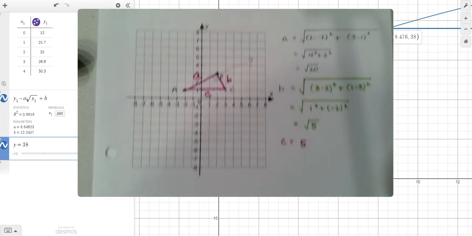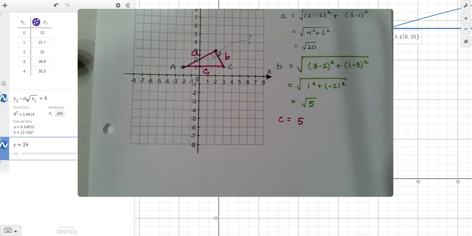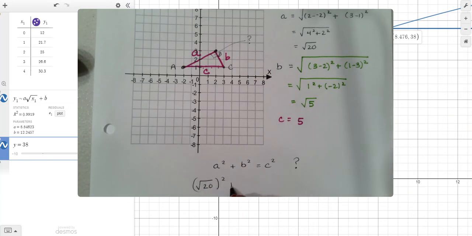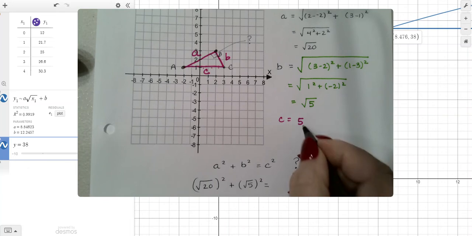All right, to show this is a right triangle, I need to prove that a squared plus b squared equals c squared. a is the square root of 20. b is the square root of 5. And c is 5.